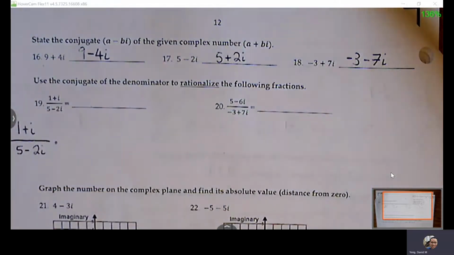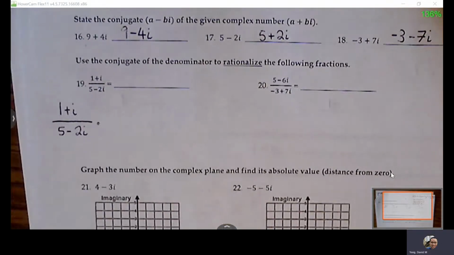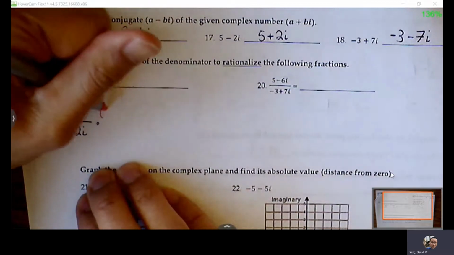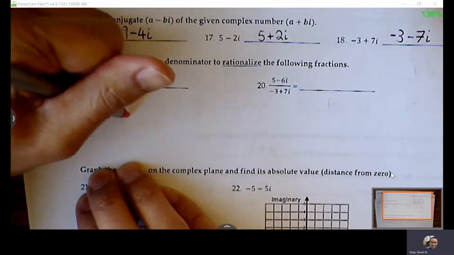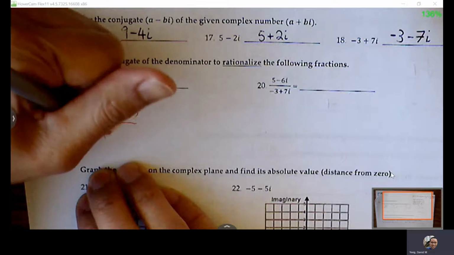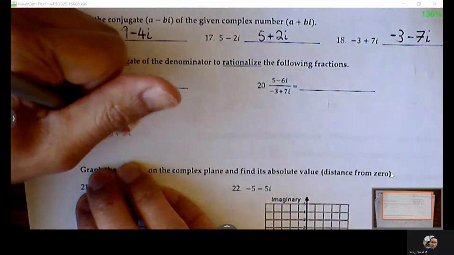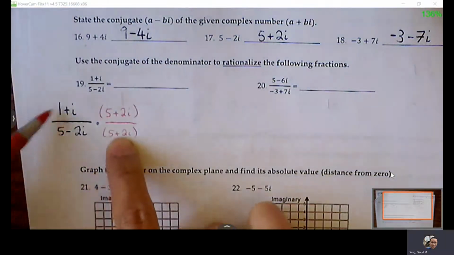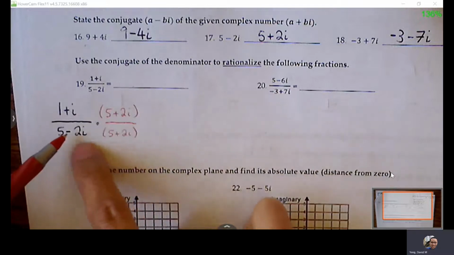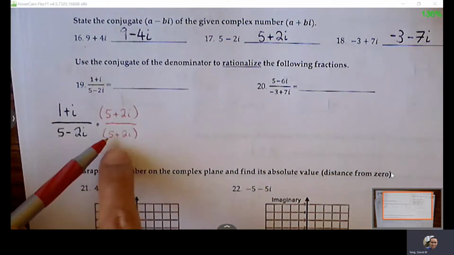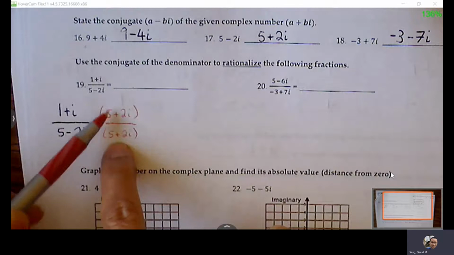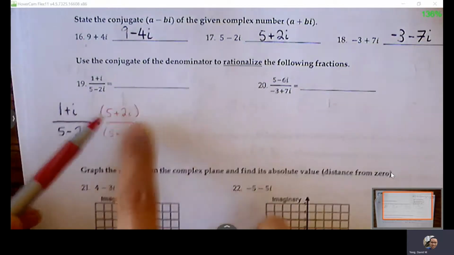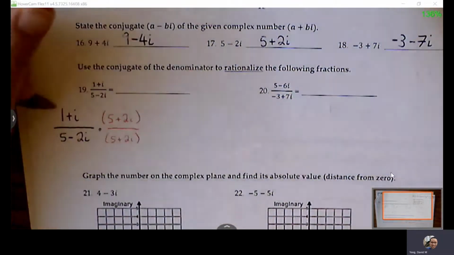Okay, what's the conjugate pair for 5 minus 2i? 5 plus 2i. So we're going to multiply the numerator and denominator by the conjugate. Make sure you're not doing a 1 minus i here, okay? Once you identify that conjugate, you're going to copy it down exactly in the numerator and denominator, and we're just going to FOIL out both the numerator and the denominator.